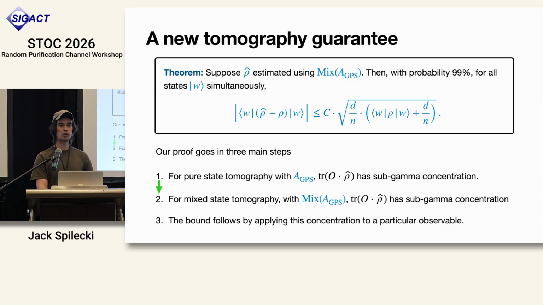But the step I really want to emphasize is this first to second step. The power of this mix of GPS here is coming from an inherited statement from the pure state case. And so most of the work ends up going to proving a result in the simplest case, the pure state case, and we don't have to directly go to the mixed state case. We have this nice inheritance.